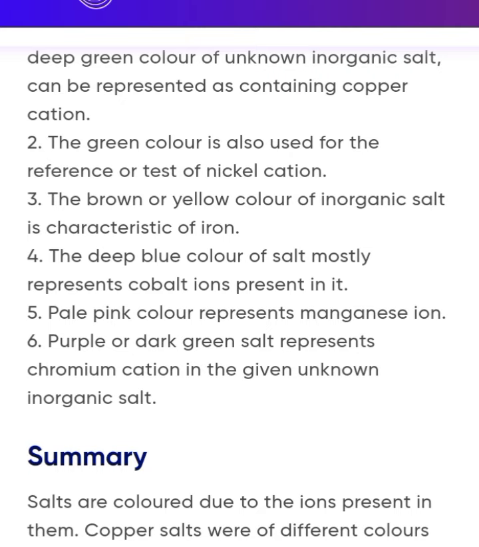Remember when we did cobalt before. Pale pink color represents manganese. Purple or dark green color salt represents chromium. Remember we did chromium before. So take note of those things, very important.